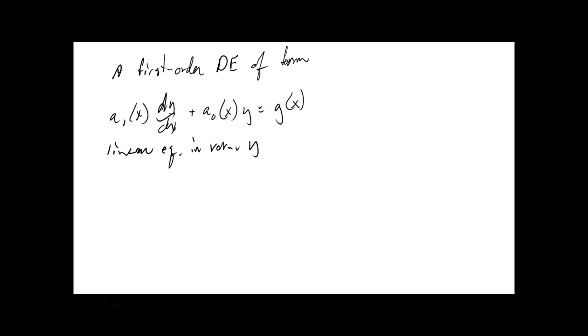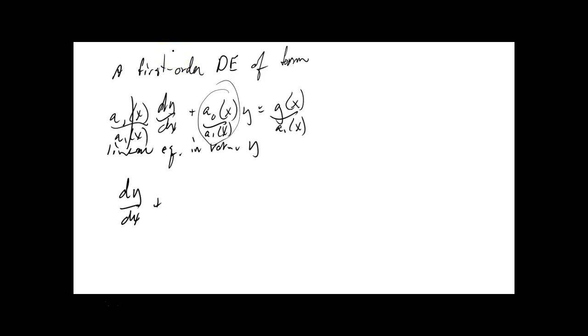That's not your standard form, though, okay? If you were to divide both sides of this equation by a1 of x, then this goes to 1. So now we have an equation that looks like this: dy dx plus this is some function of x.